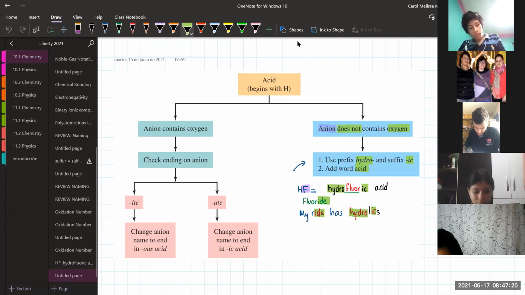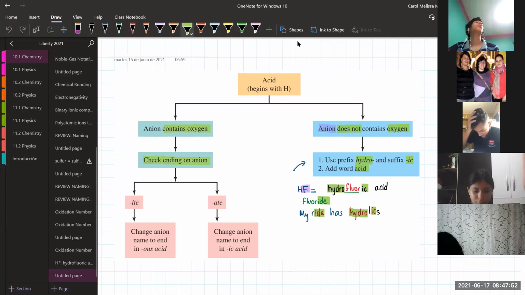Now, another kind of acid that we have are those acids whose anions contain oxygen. These kinds of acids have a different procedure. What we need to do is check the ending of the anion, and see if it ends in "ite" or in "ate".